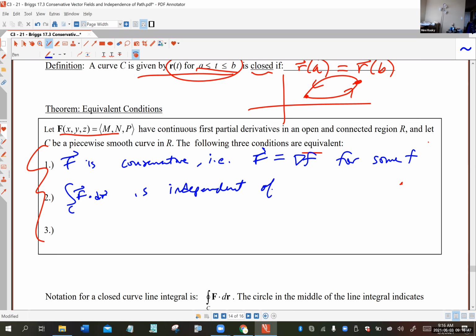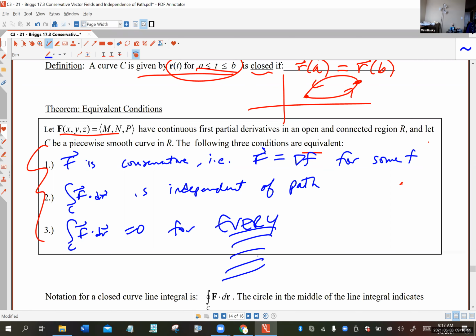I know, but we're going to add one extra thing that's also true for free: the line integral of F dot dr is equal to 0 for every, and I mean every, closed curve C in the region R. You get that for free if it's a closed curve. So those 3 are all equivalent to each other. If one is true, the other 2 are true automatically.